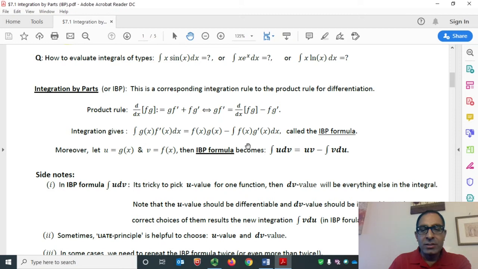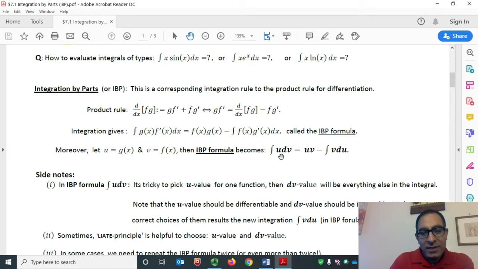Here g is u, f prime x dx is dv, f(x) is v, and g prime is du. So from now on, by the IBP formula, we recognize integrals of this form: integral of u dv equals uv minus integral of v du.